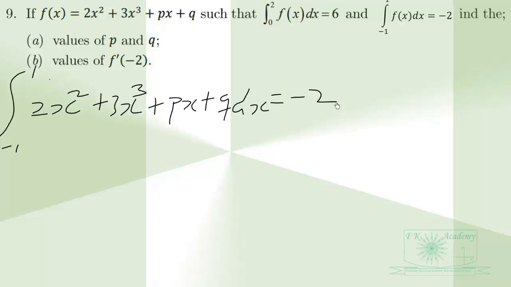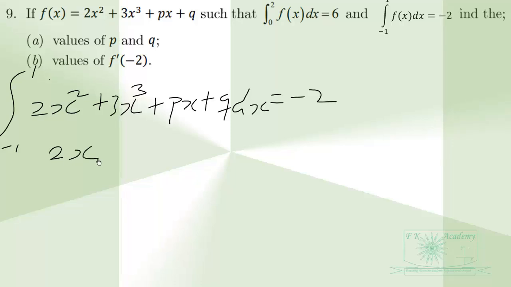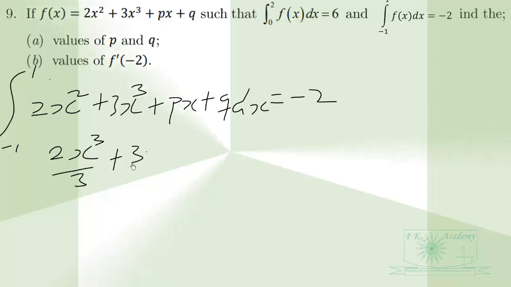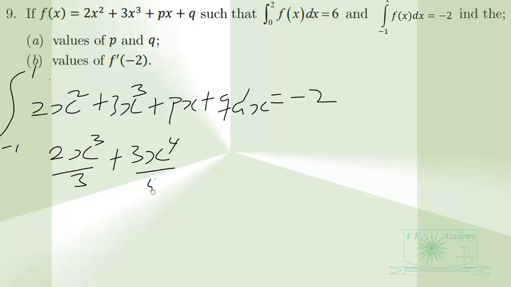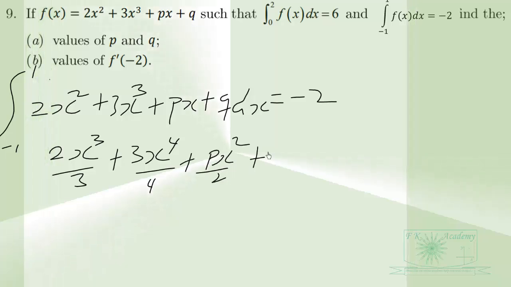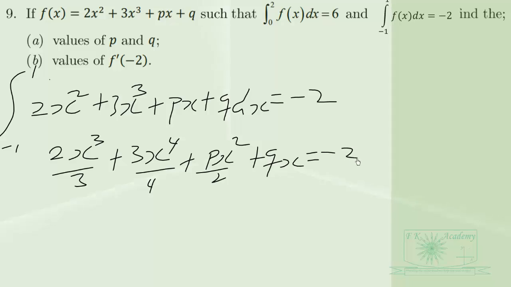So when we integrate this, we are obtaining 2x cubed over 3 plus 3x exponent 4 over 4 plus px squared over 2 plus qx is equal to negative 2. So this is from negative 1 to 1.